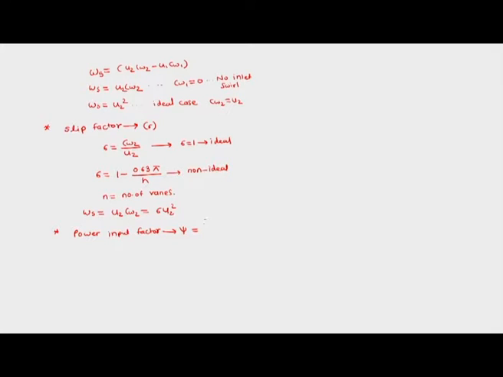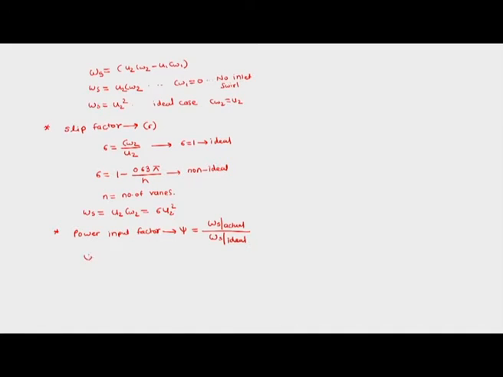So psi is equal to W stage actual divided by W stage ideal, and this psi is mainly due to the frictional loss or friction between the vanes and the casing.